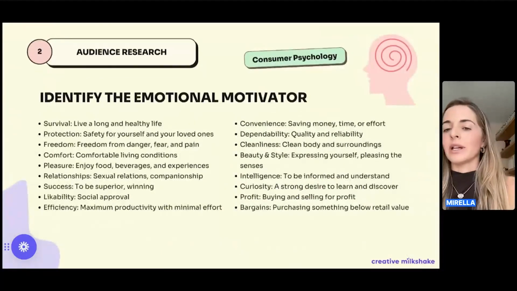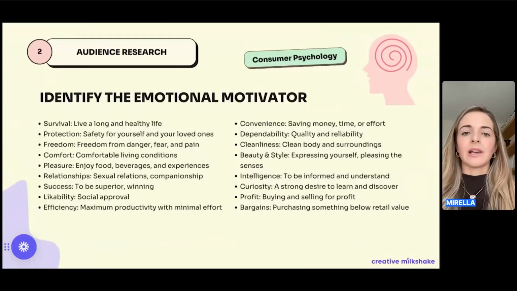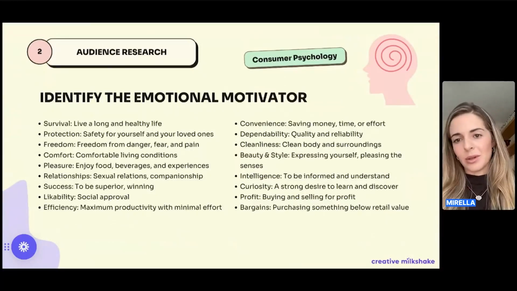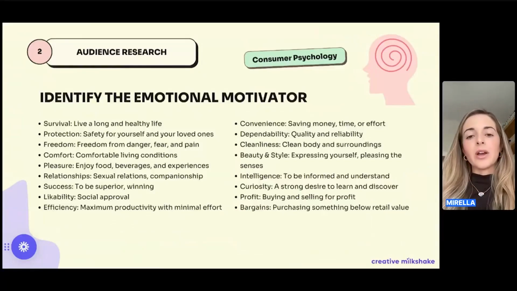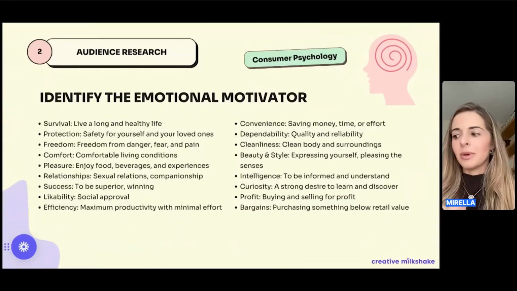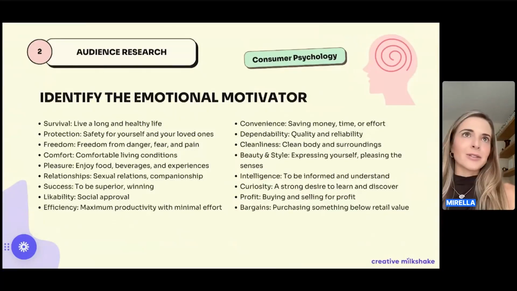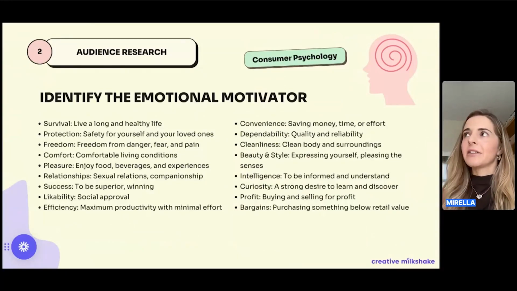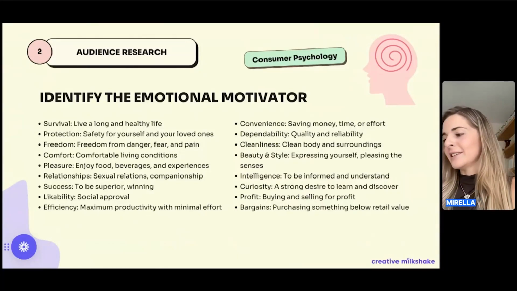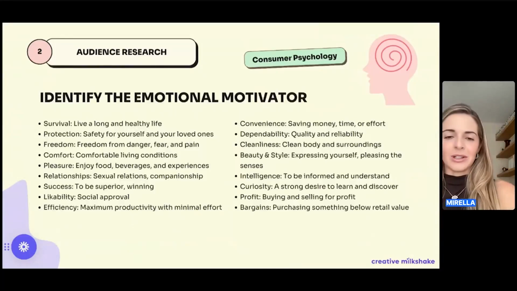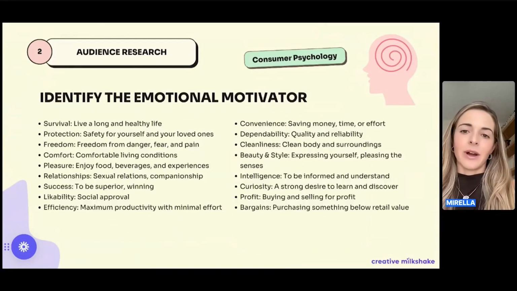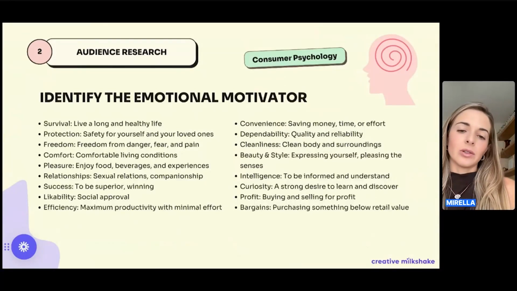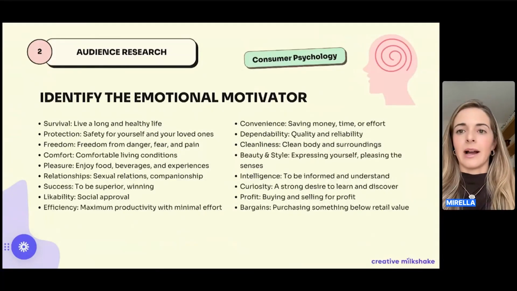The end goal is to be able to pinpoint the one emotional motivator that your ad is going to be speaking to. So this list is a combination of Maslow's hierarchy of needs and Life Force 8 and the new science of consumer emotions. We kind of merge them all together into this list that we find applies a lot to creating direct response ads.